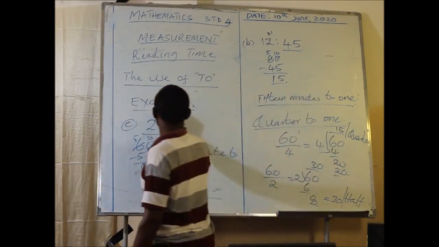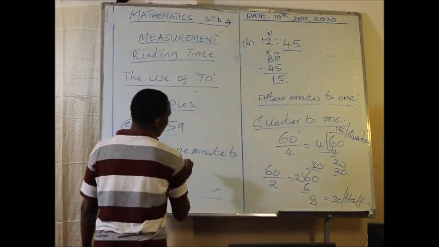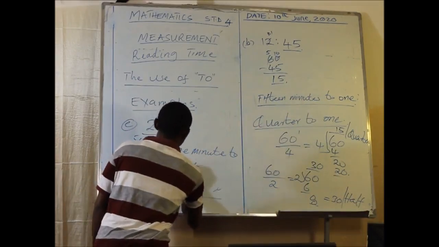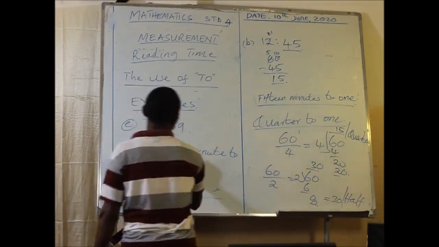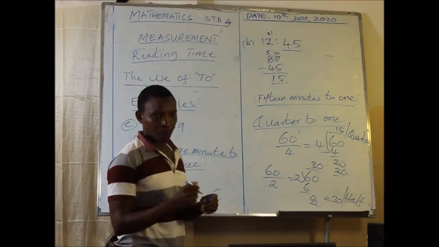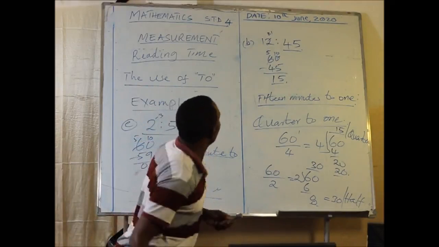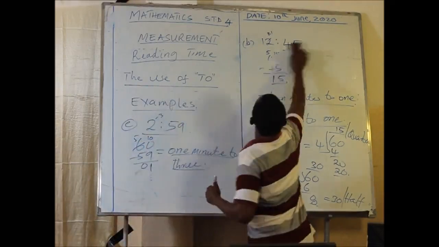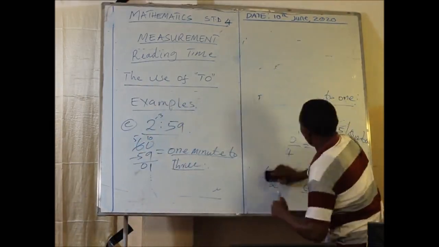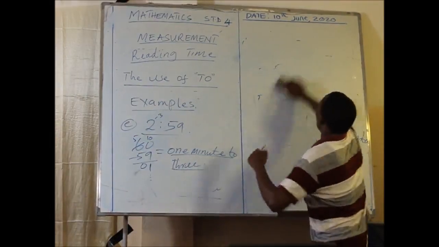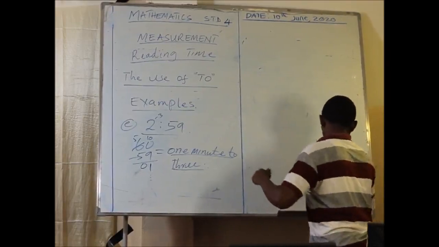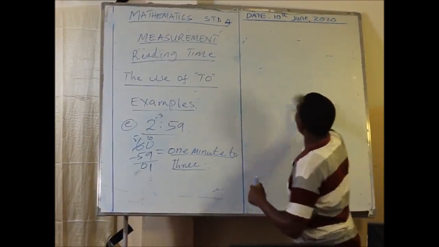The next time is 3. Now it is 1 minute to 3. That is how we can tell time by using to.